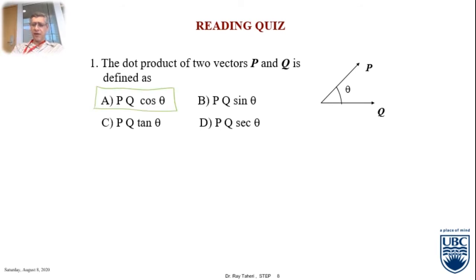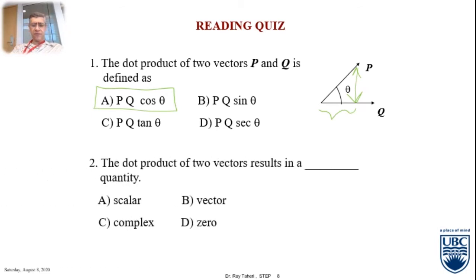When you have two vectors, the dot product of this vector on the other one is the first vector's magnitude, multiplied by the second vector's magnitude, multiplied by the cosine of the angle between these two vectors. And in a sense, when you do this, this is the actual projection of this vector on this direction.